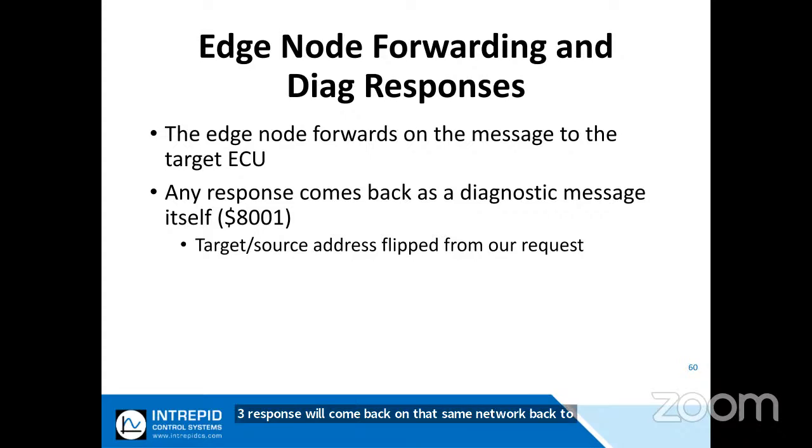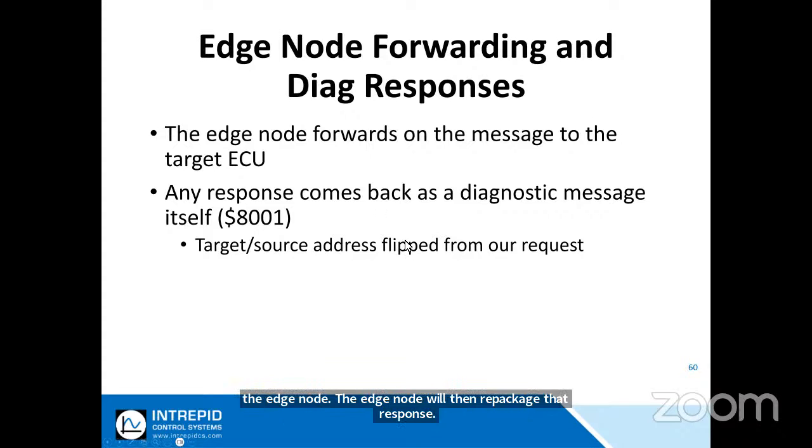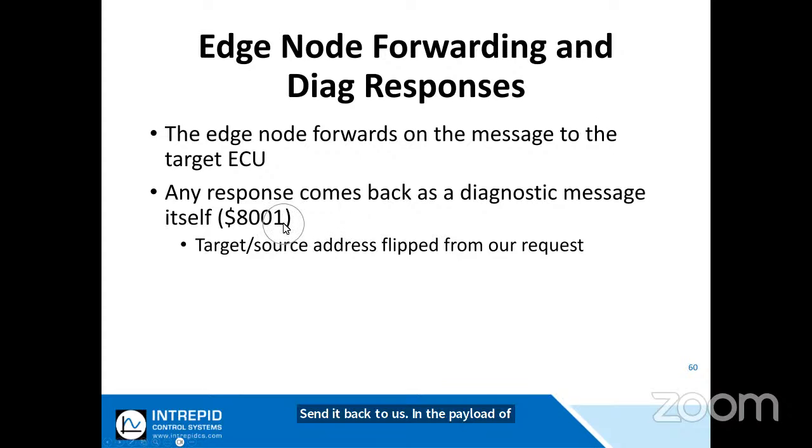The edge node will then repackage that response, send it back to us in the payload of another 8001 diagnostic message. So the requests and responses always come back with a header 8001, but of course, the source will now be the ECU or the device in the car you were talking to, and the response back is going to go to the test tool. So the source and destination are flipped around.